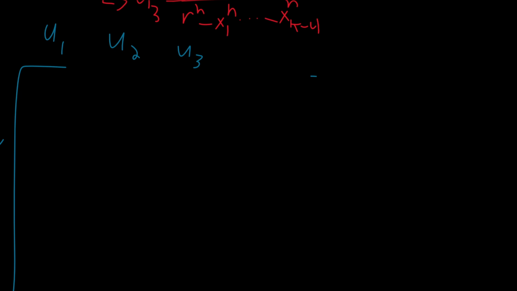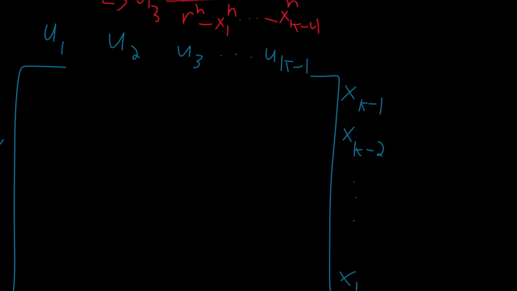Completing the matrix, we're just going to have dot dot dot, and this is going to be u_{k-1}. On each row, we differentiate with respect to each variable. So on this row, we differentiate with respect to x_{k-1}, and then we're going to have x_{k-2}, and then dot dot dot, all the way down to x1 itself.